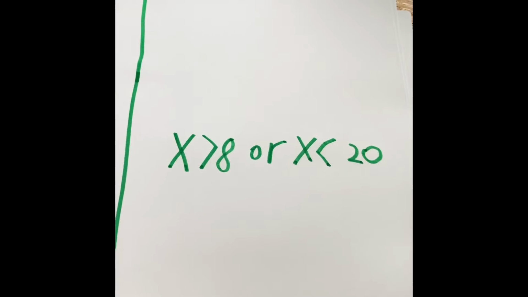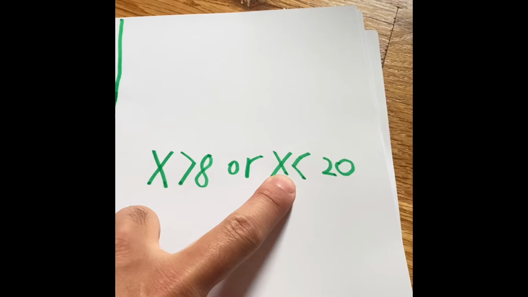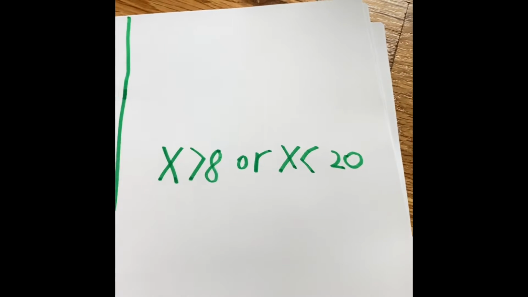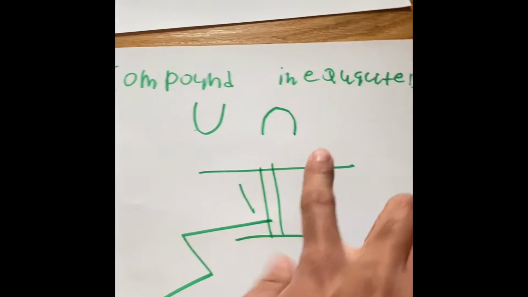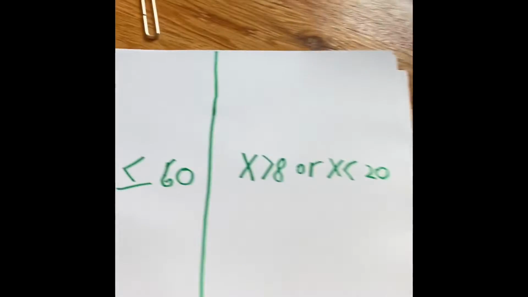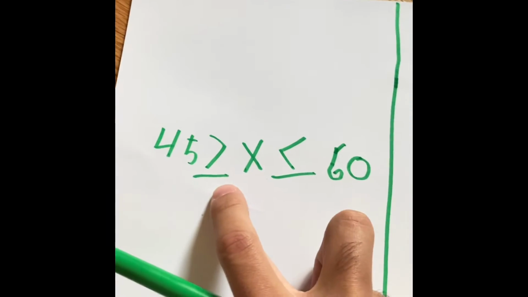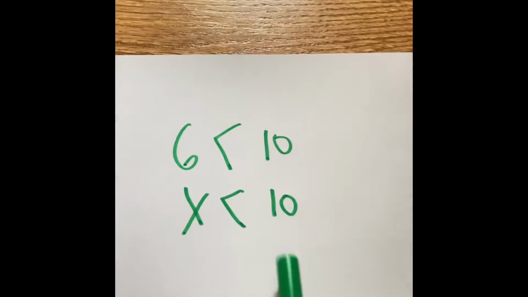And x is greater than 8, or x is less than 20. So these are examples called compound inequalities, because a compound inequality is when there is more than one sign and more than one number, just like what we learned in the past years.